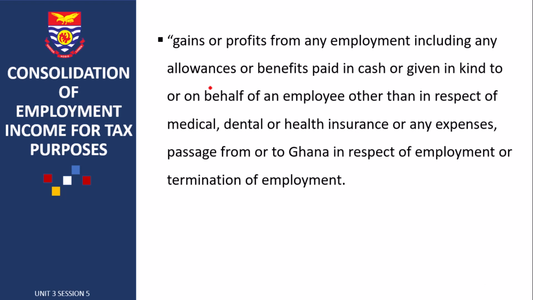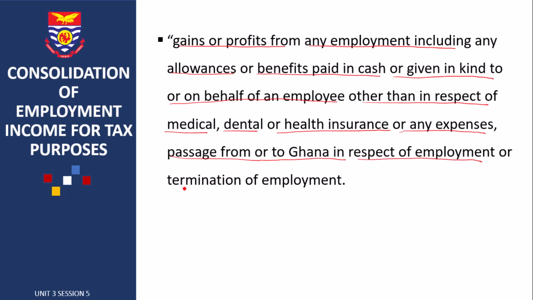In determining what constitutes an employment income, we will refer to Act 896, Section 7, which describes employment income as gains or profits from any employment, including any allowances or benefits paid in cash or given in kind to or on behalf of an employee other than in respect of medical, dental, or health insurance, or any expenses, passage from or to Ghana in respect of employment or termination of employment.